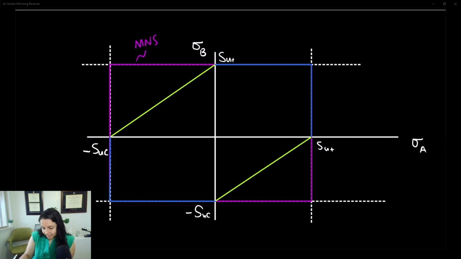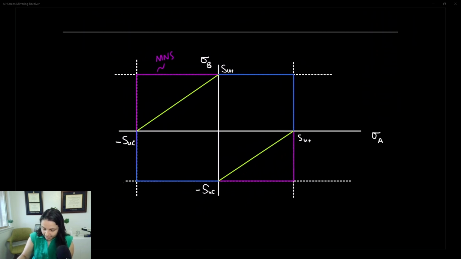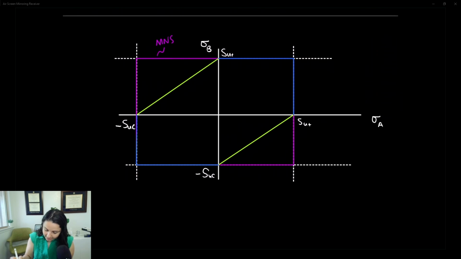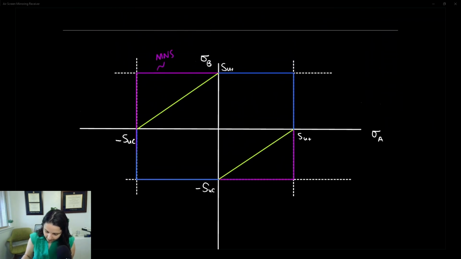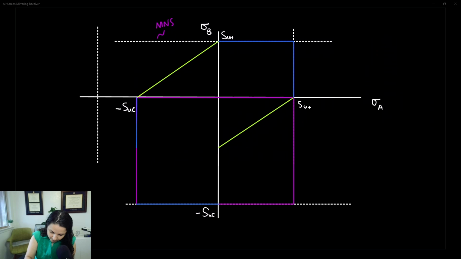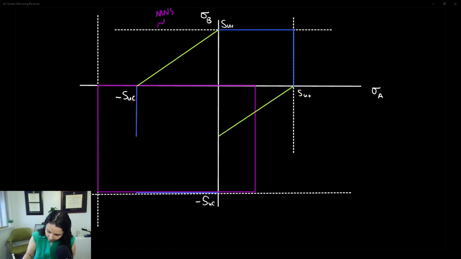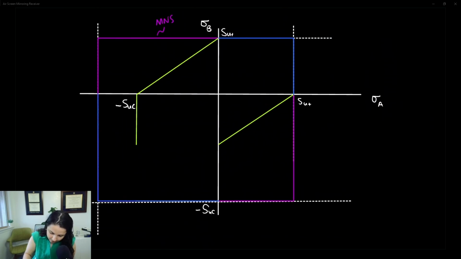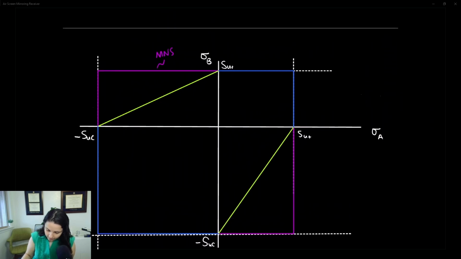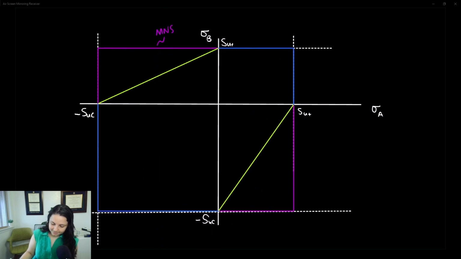And for that reason, it probably would make more sense to draw this in an elongated way, because this is going to look kind of funny otherwise. So let me fix this really quick. Alright, there we go, that's better.